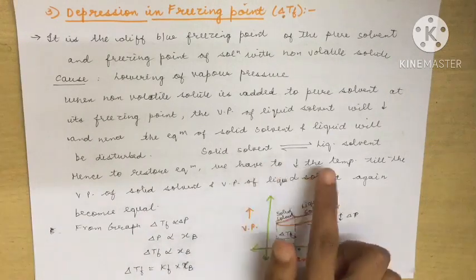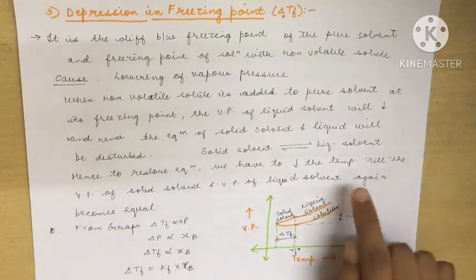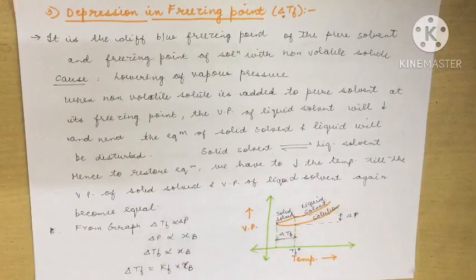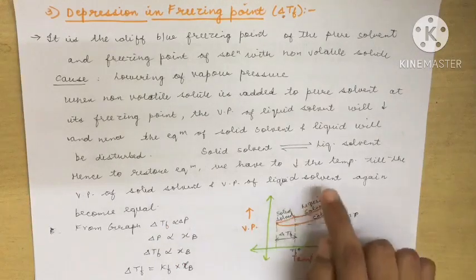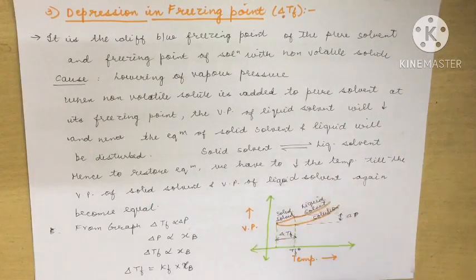Now if we have to restore equilibrium, according to the theories applied, there is only one possible way. Sorry, if you decrease the temperature, then only this equilibrium can be restored. So this happens whenever we add non-volatile solute.